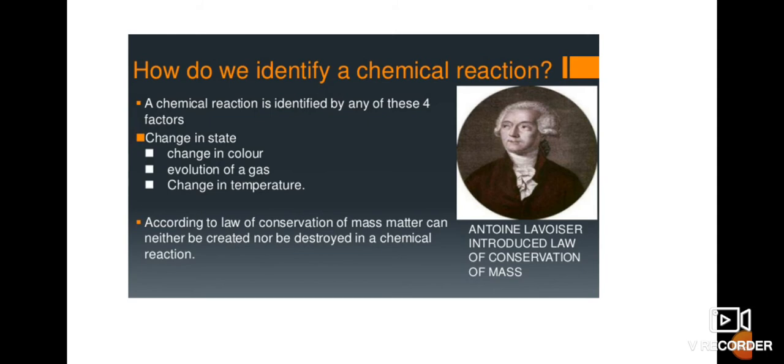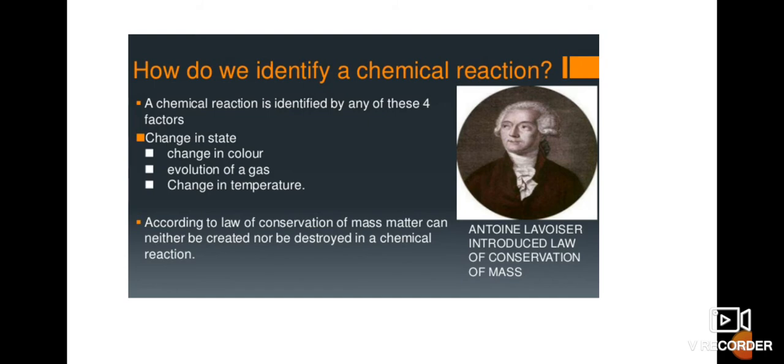So, a chemical reaction can be identified by change in state, change in color, release of gas, or change in temperature. Okay, so either of these changes might take place, or in one particular chemical change, two or more of these observations can be seen.